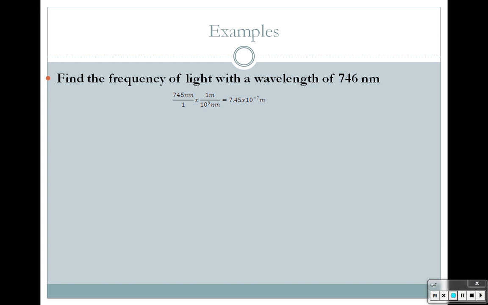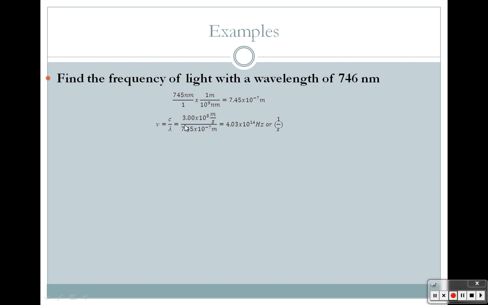So the first thing you should realize you need to do is convert nanometers to meters. So that's done by multiplying 745 nanometers times 1 meter over 10 to the 9th nanometers, which gives us 7.45 times 10 to the negative 7th meters. Now that I have my wavelength in meters, I can use this equation where I've rearranged c equals wavelength times frequency to get frequency equals speed of light over wavelength.